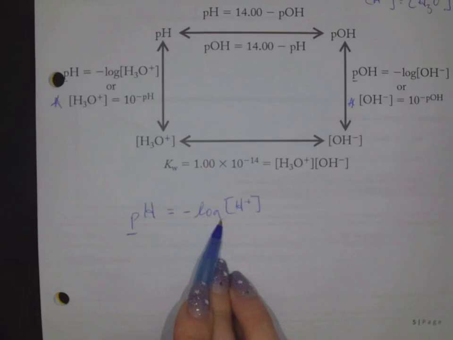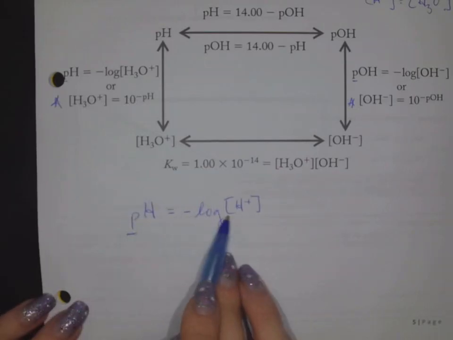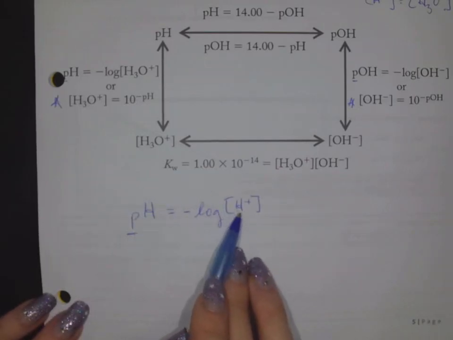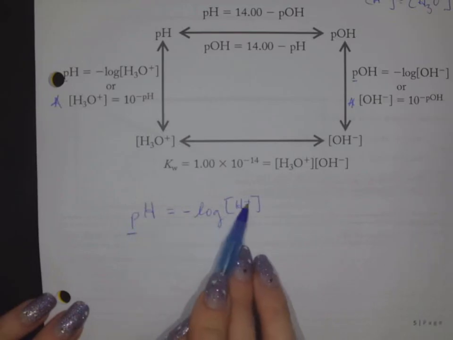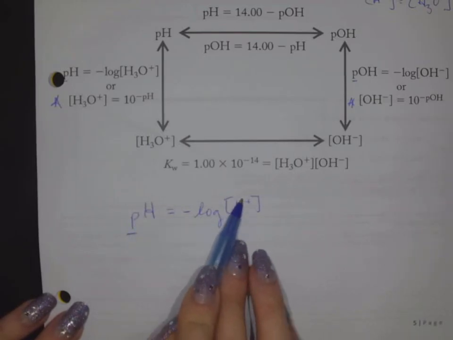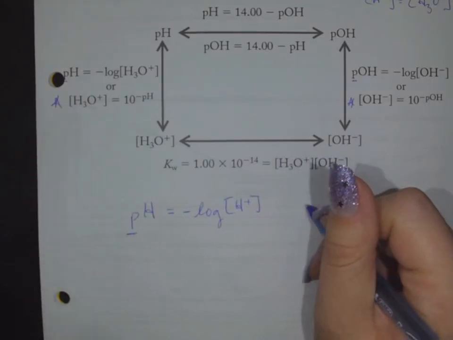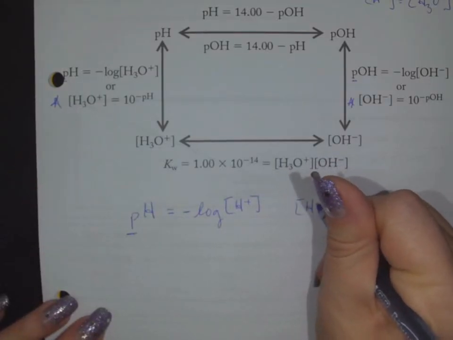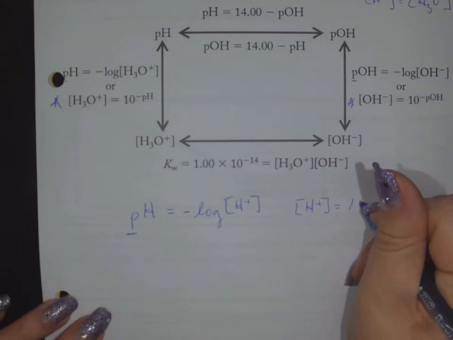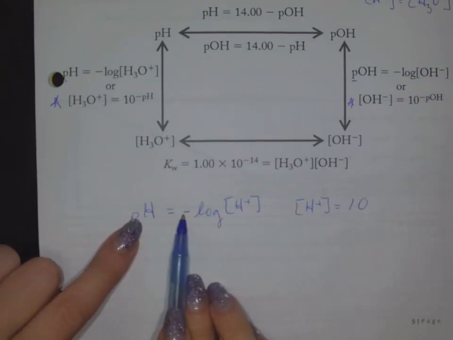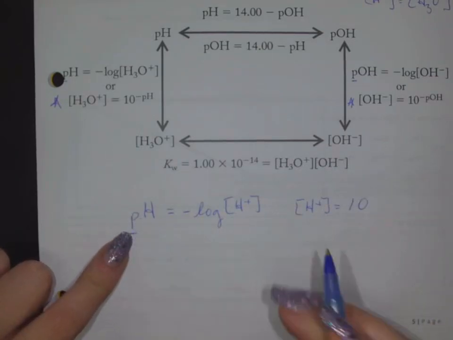So if you have a log base 10, this equation can be rearranged. Instead of solving for pH, you can solve for the concentration. And so what you do is, right here, the concentration of H+ will equal 10 raised to the negative of the pH.